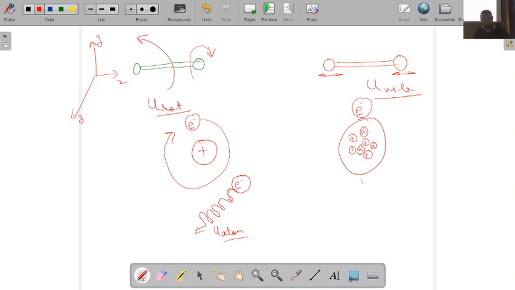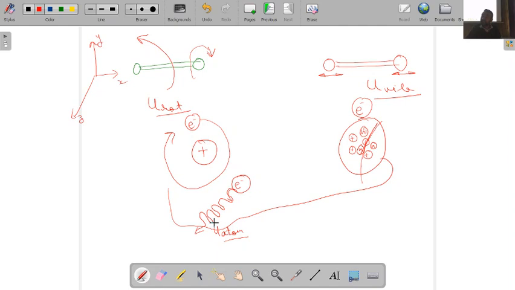So if the nucleus of the atom is broken, then it will also release a significant amount of energy. So that is energy stored in the form of its nuclear energy. So this is the constituent U atom.